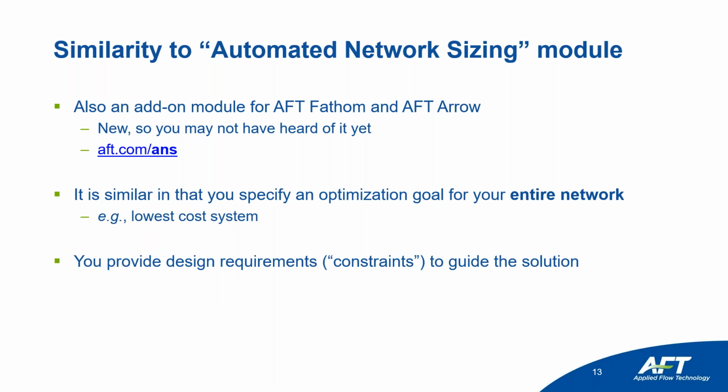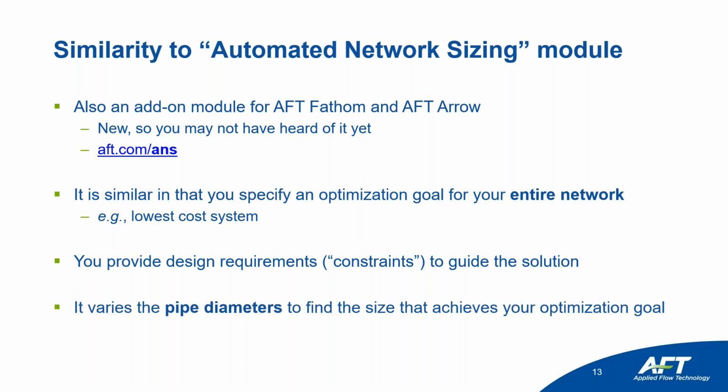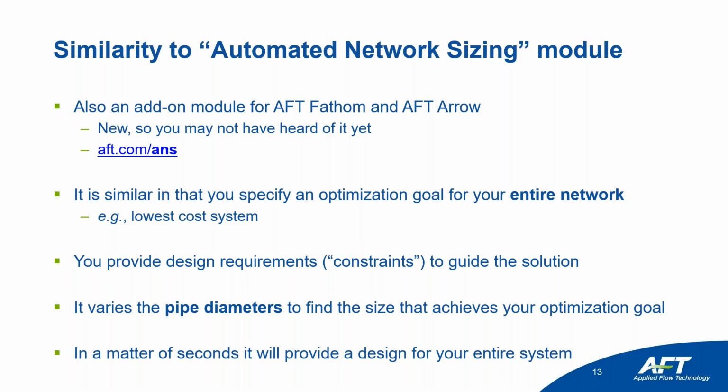You provide the design requirements to guide the solution. So my goal is some optimum goal. Then I put in some constraints like a maximum velocity. Maybe I need a minimum pipe size. And it varies pipe diameters to find the size that achieves your optimization goal, again, as a network, so all of your pipes. It is quite versatile, very customizable and quite powerful. I just wanted to bring that up. In a matter of seconds, it will provide a design for your entire system. It's just a plug, as it is very related to GSC and its search optimization.